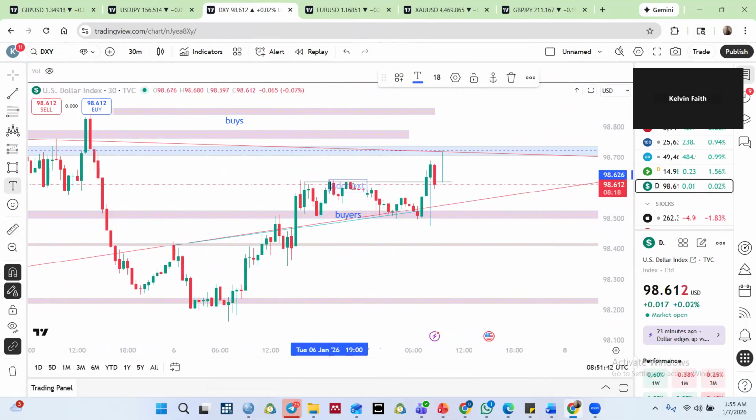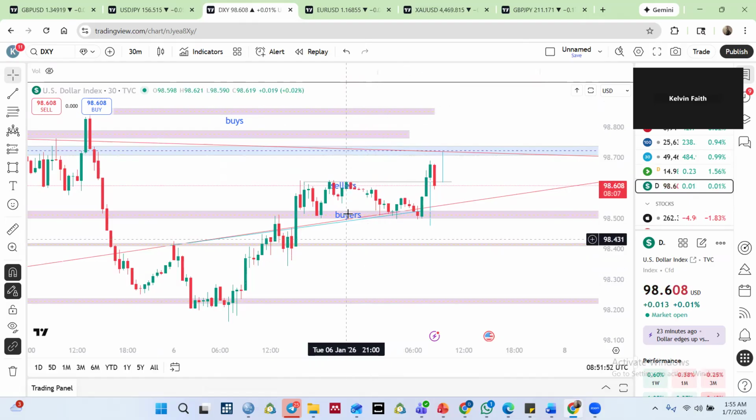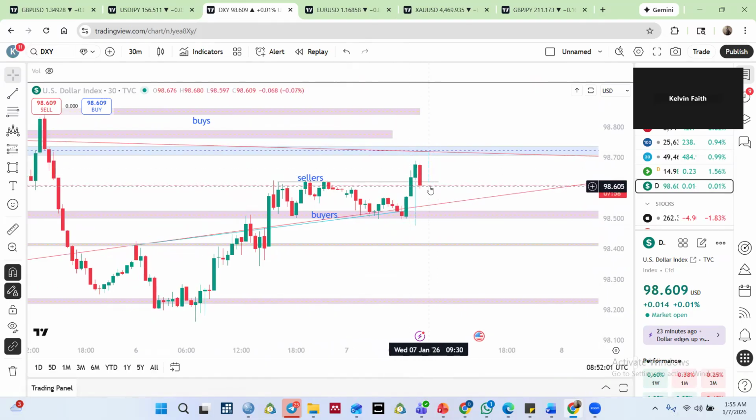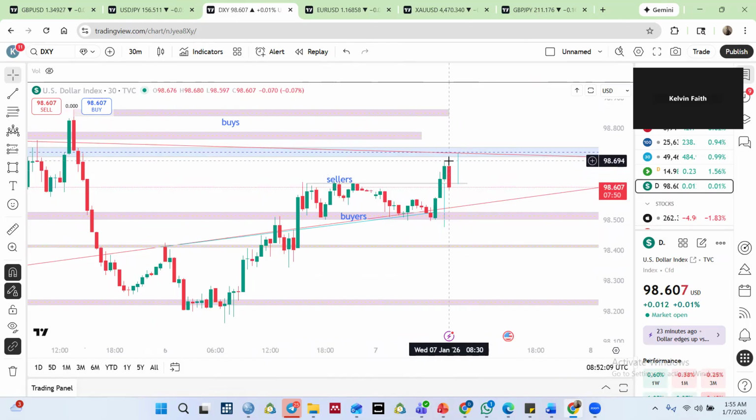Sellers were initially here. And it seems like we crashed those sellers. Okay, but so what we're supposed to do is use these sellers that we've crashed as support to buy. But price is now coming back.